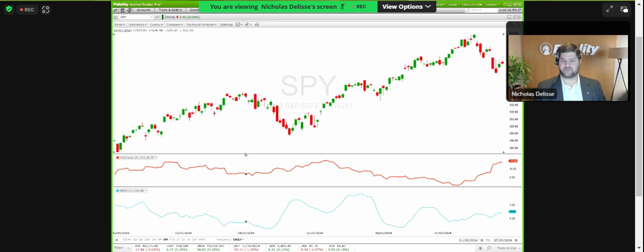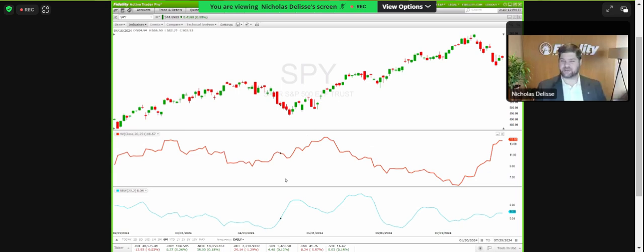We can see a lot of similarities. It's not exact, but we're going to see a lot of these going up and down at the same time frames.